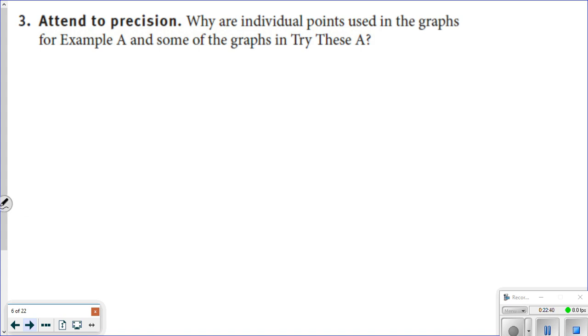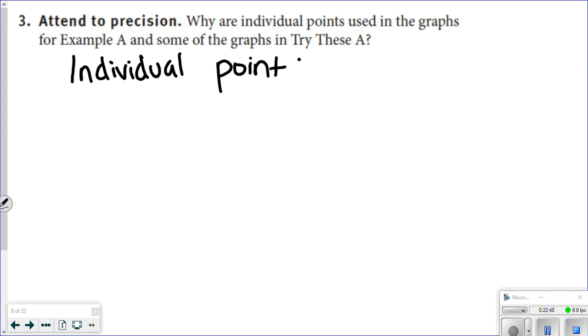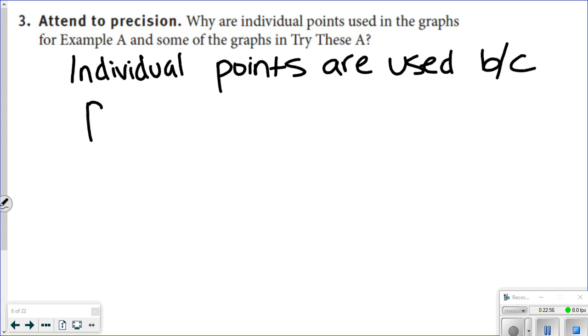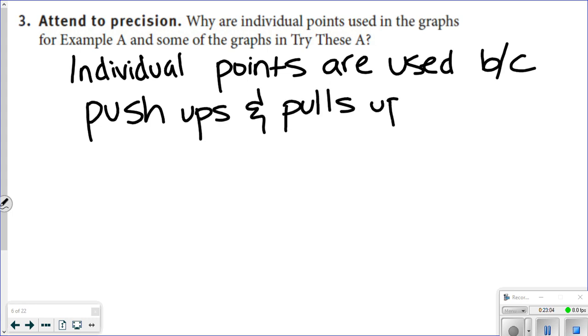We're using individual points because push-ups and pull-ups are counted as whole numbers.